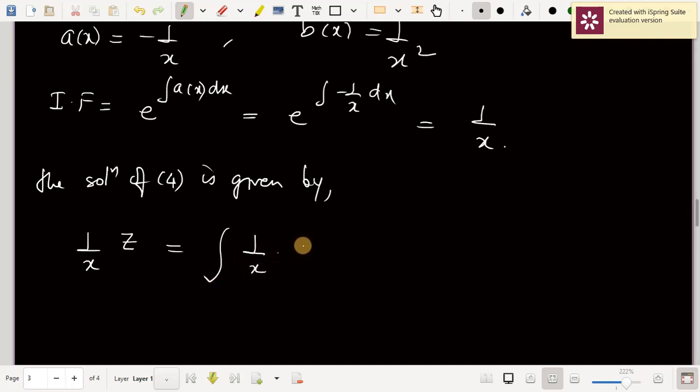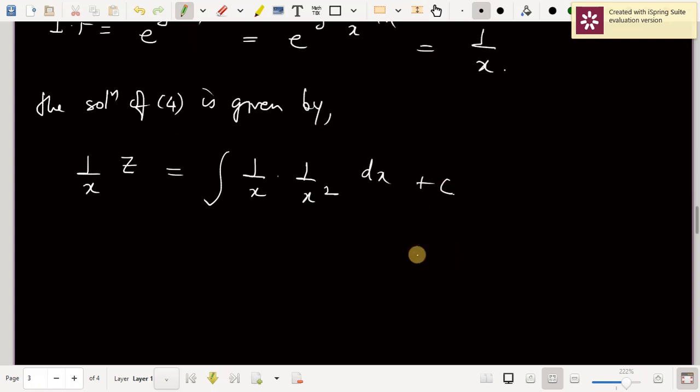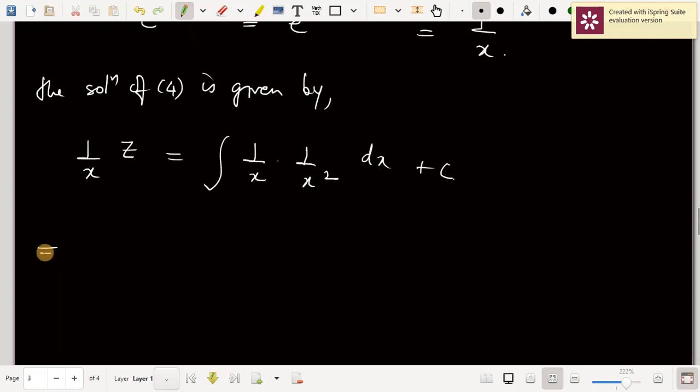B of x is 1 by x square, 1 by x square dx plus c. So that's same as writing 1 by x into z is equal to integral of 1 by x cube, that's same as minus x raised to minus 2 upon 2 plus c.